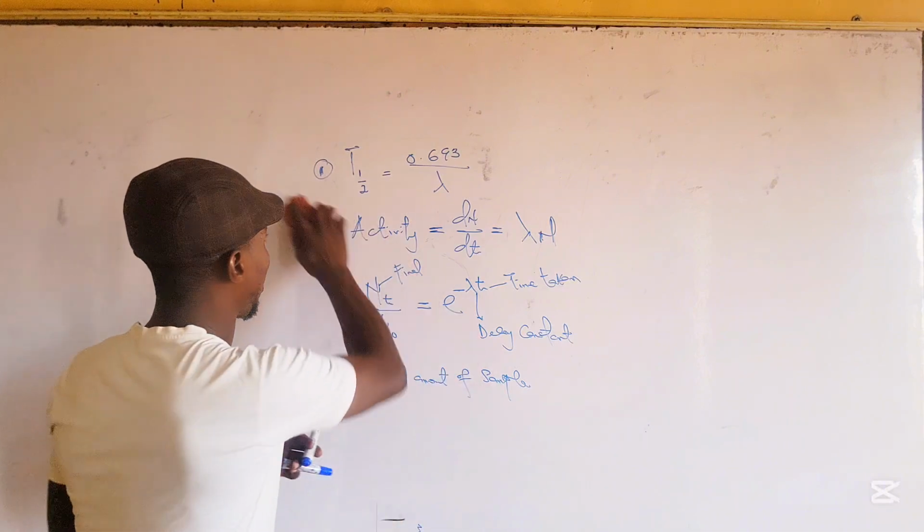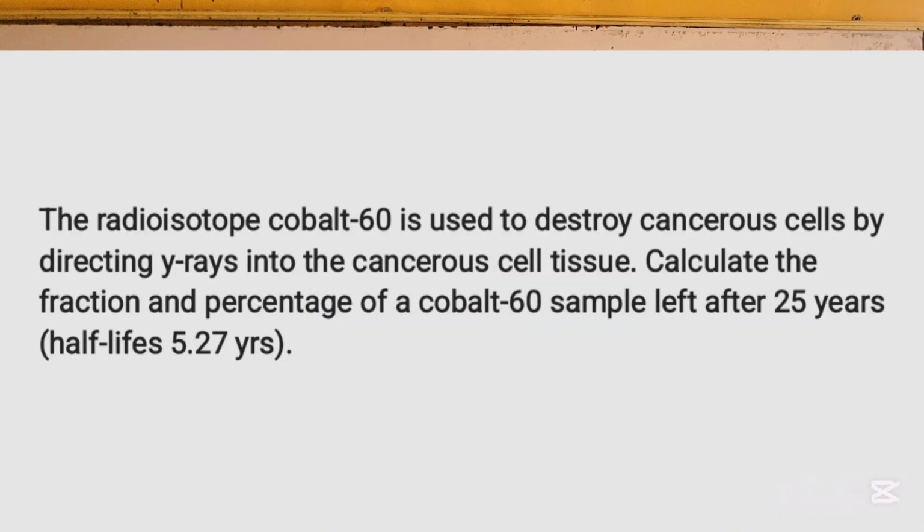The first question is that the radioisotope cobalt 60, again cobalt 60, is used to destroy cancerous cells by directing gamma rays into the cancerous cell tissue. Calculate the fraction and percentage of a cobalt 60 sample left after 25 years.